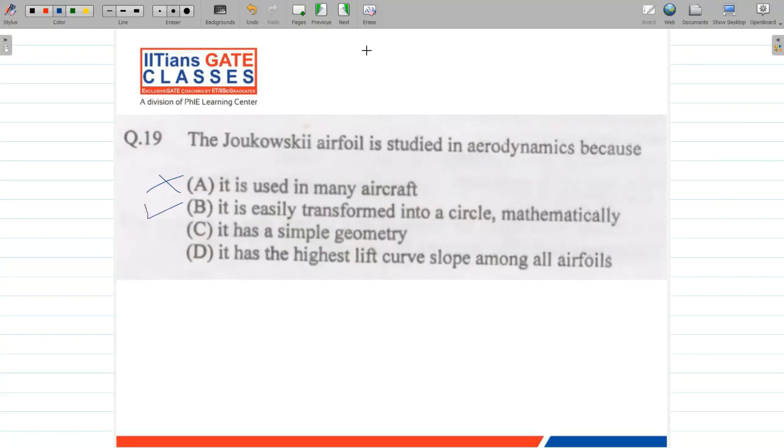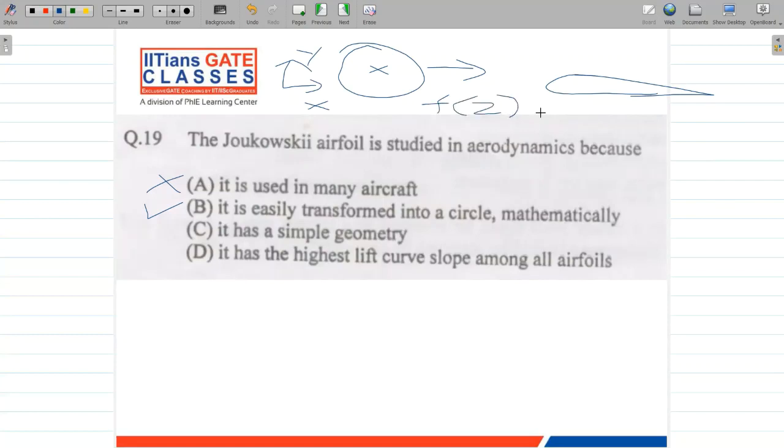Joukowsky airfoils are nothing but when you take a circle in the XY coordinate and do a complex transform, or what they call conformal mapping, based upon some complex function where z is equal to x plus iy, that is when you get a Joukowsky airfoil. And you can easily convert a Joukowsky airfoil back to a circle, or a circle back to a Joukowsky airfoil, based upon your conformal mapping function, and it's very straightforward to do.